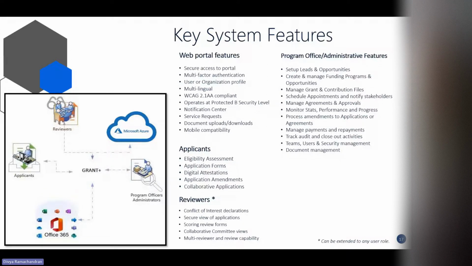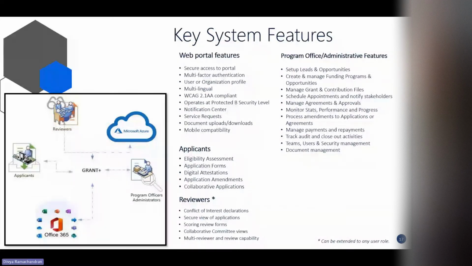Multilingual, as I mentioned, WCAG is basically for Canadian compliance in terms of accessibility, but it also has the compliance for other tools as well. So by default, it is WCAG 2.1 AA compliant.